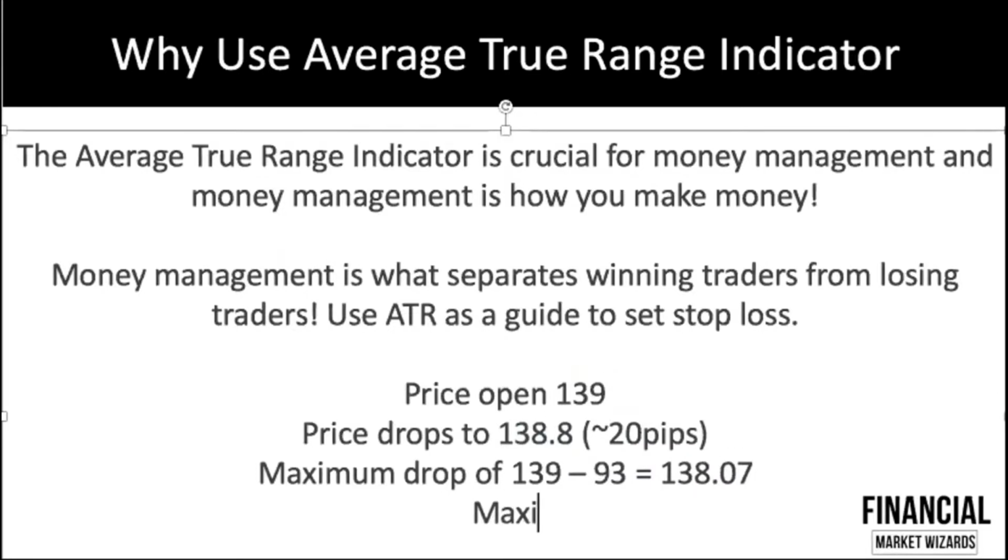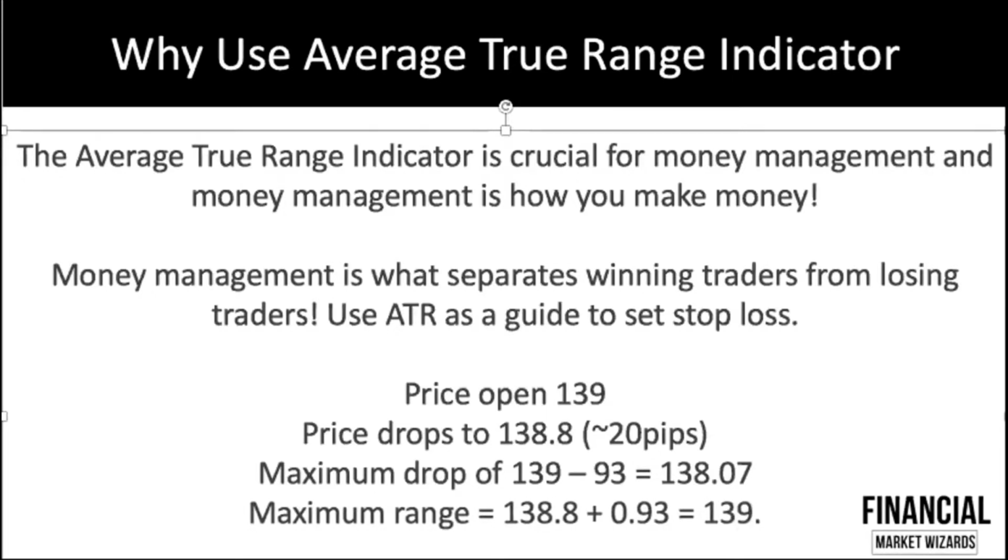Let's say that you buy at the low for today, just nice, right? You can just add 0.93, or 93 pips, and you get 139.73.